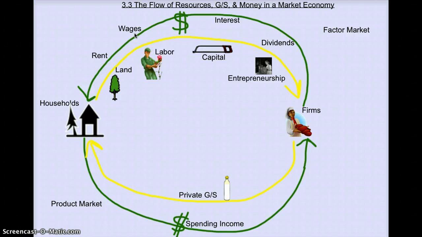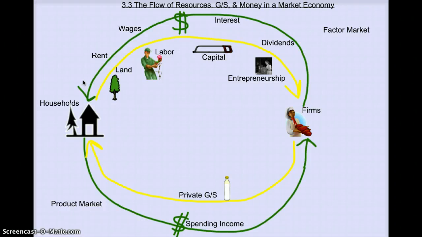They might loan capital to a firm in exchange for interest payments, or they might buy into a firm's stock in the hopes of receiving dividend payments. The funds paid to the households by the firms are called factor payments, but basically it's money.